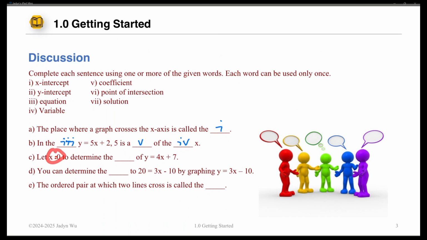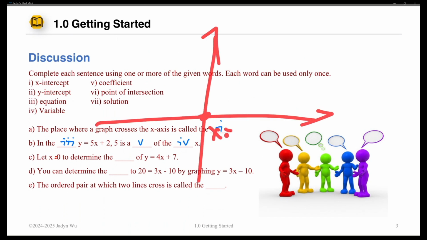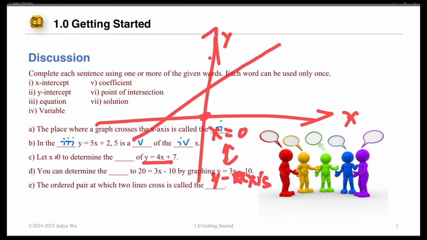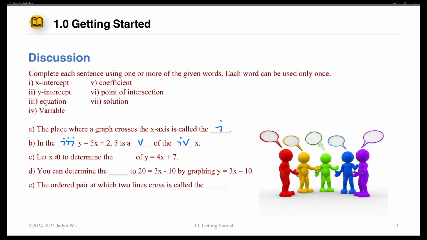If it is intersecting with x equal to 0, it basically means that it is intersecting with the y-axis. Therefore, question C is actually asking for the y-intercept, because it is asking for the point where the line will intersect with the y-axis. So it will be number 2 for question C.